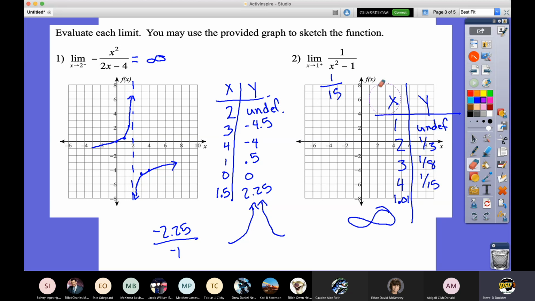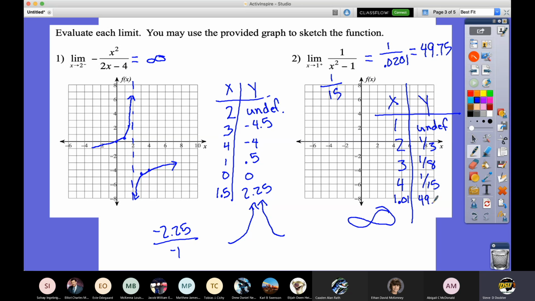All right, Jacob, 1.01 squared minus 1 is how much? He typed this in on the bottom. He got 0.0201. Now take 1 divided by all that, Jacob. And what do you get? 49.75.